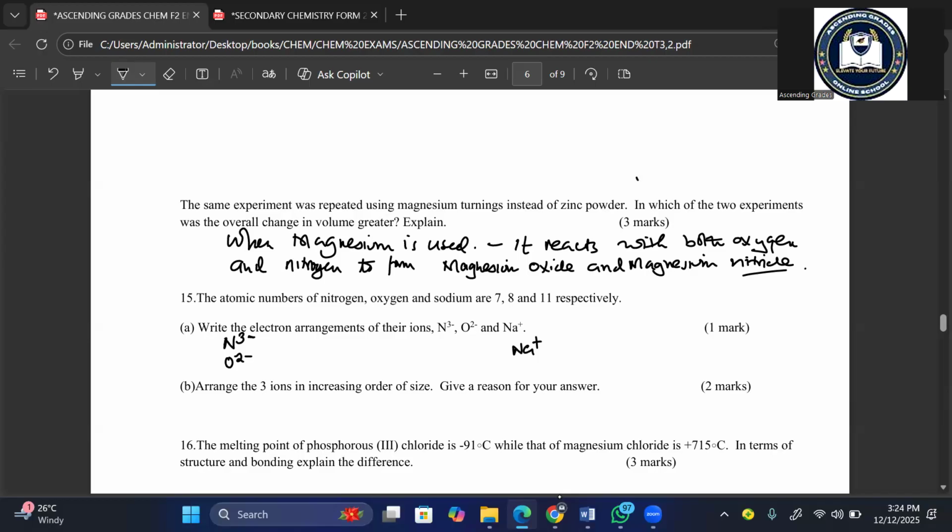So the one for sodium will be 2.8. The one for oxygen will be 2.8 also. The one for nitrogen will also be 2.8.